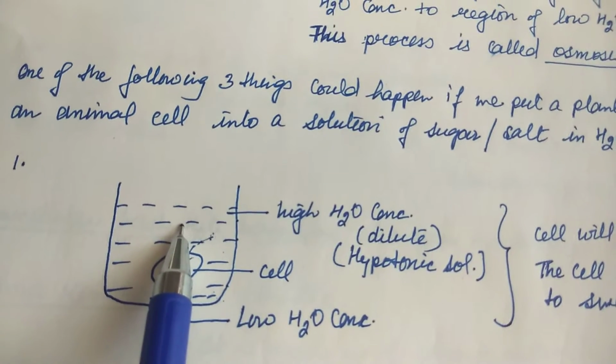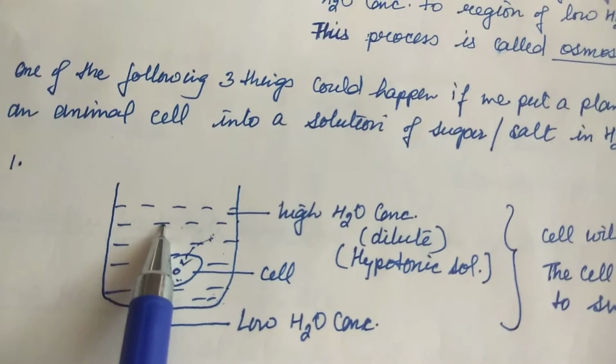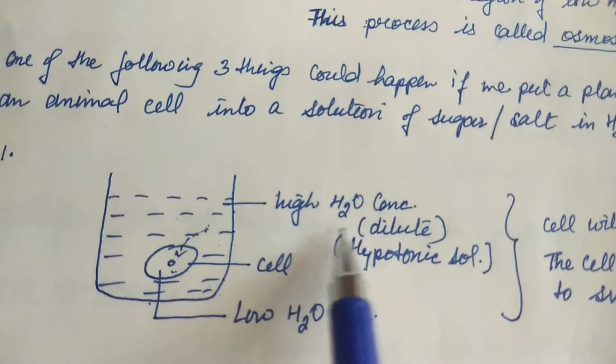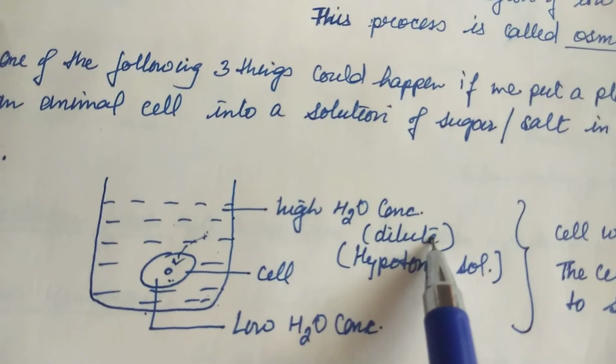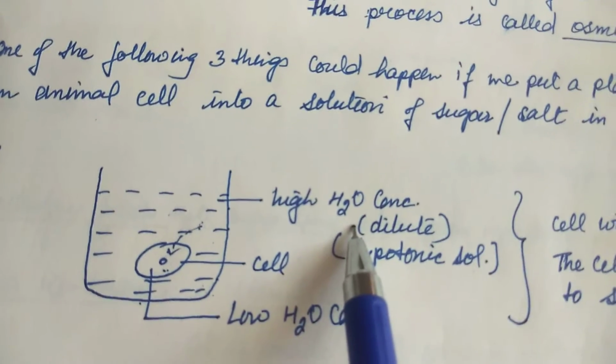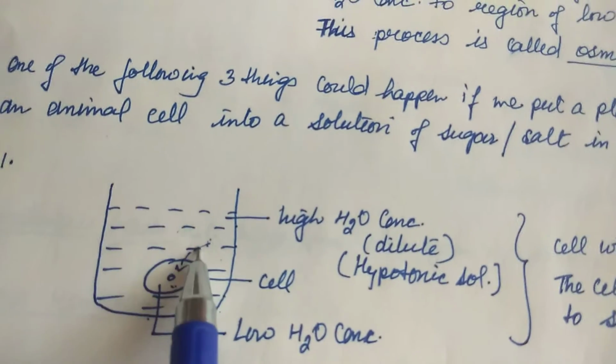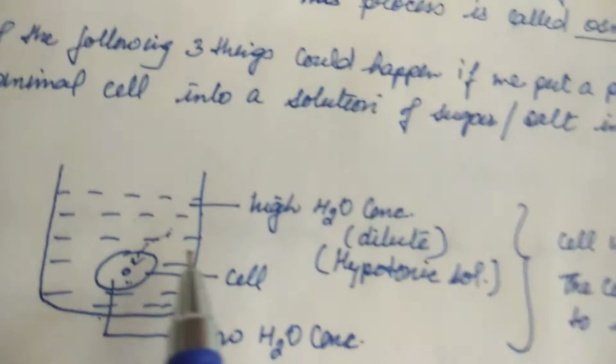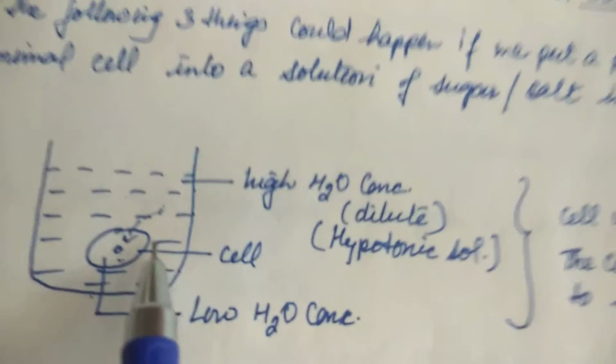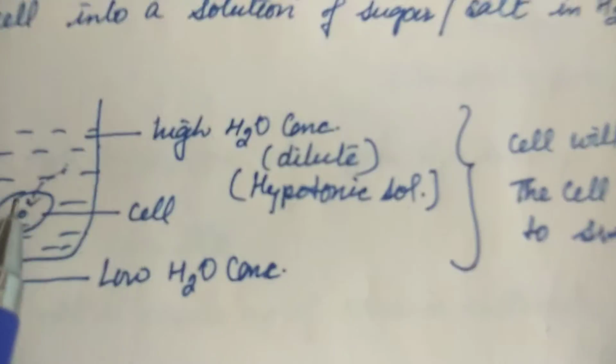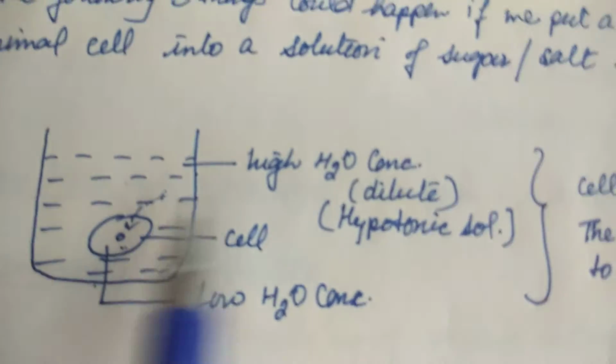The concentration of water molecules in the solution is high, which means this solution is dilute, right? And how have we made this solution? Suppose we take 1 liter of water and add 1 gram of salt or sugar, anything we can add, salt or sugar. This way we have prepared a solution which is dilute.